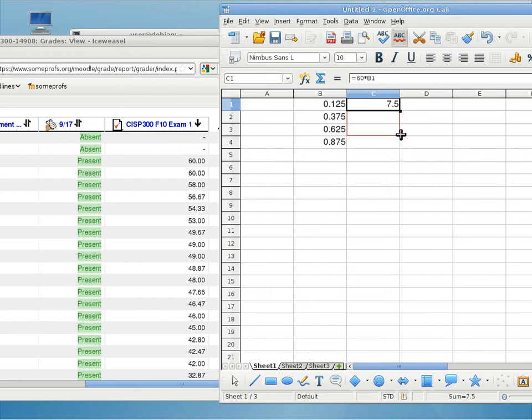So 7.5 points is the breakpoint for an F. Anyone getting less than 7.5 points is the equivalent of a letter grade of F. Between 7.5 and 22.5 points is equivalent to a D. 22.5 to 37.5 points is equivalent to a C. 37.5 to 52.5 points is equivalent to a B. Anyone with 52.5 points or more is getting an A.